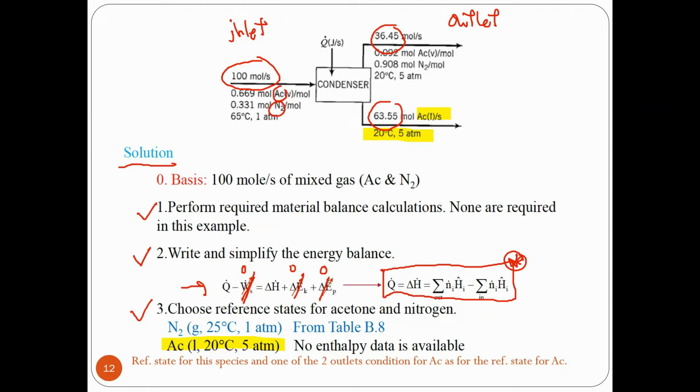Given that any nitrogen is in gas state, at 25 degrees Celsius and 1 atm, this is going to be your reference state. So you're referring to table B8. As for the acetone, the liquid at 20 degrees Celsius and 5 atm, there's no enthalpy data given, so you can't refer to any tables.